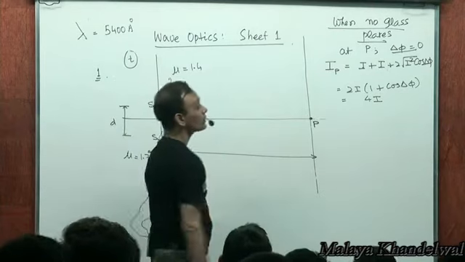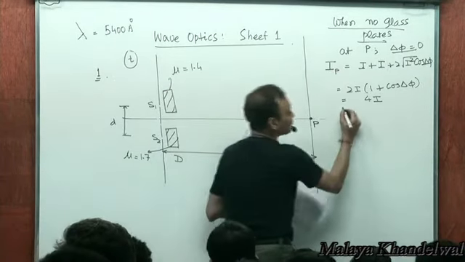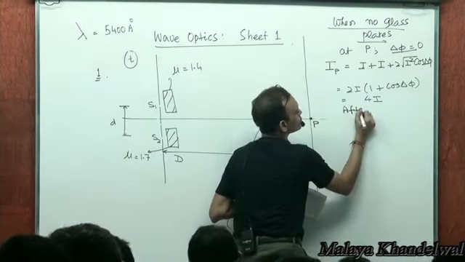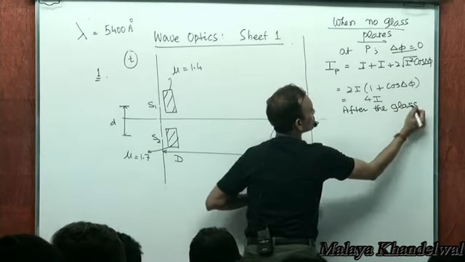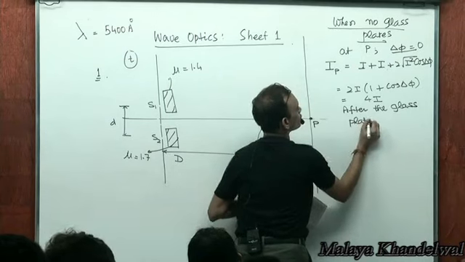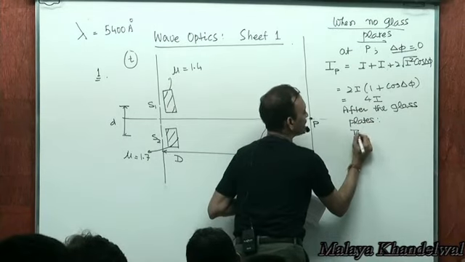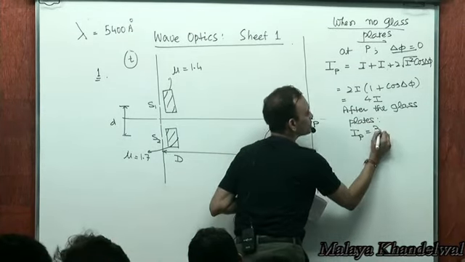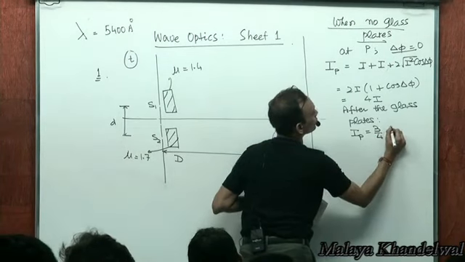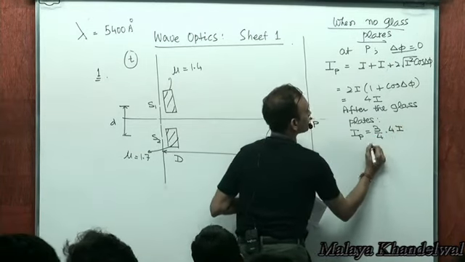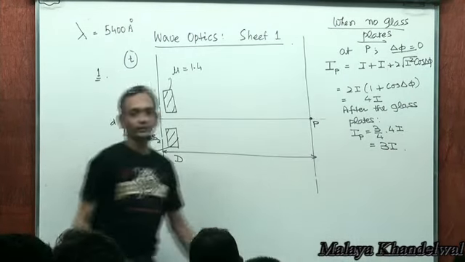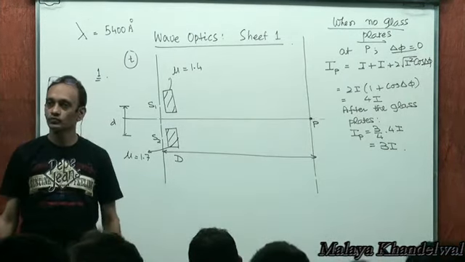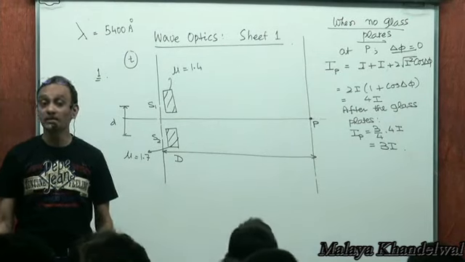Now, after the glass plates were introduced, the intensity at P was 3/4 of 4I. That means it was 3I. Yes or no? That's given in the problem.